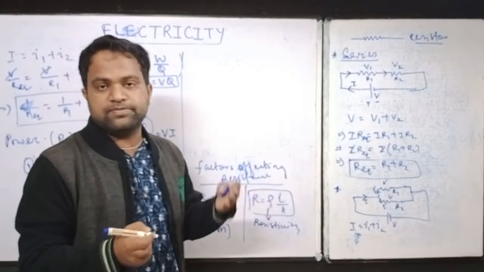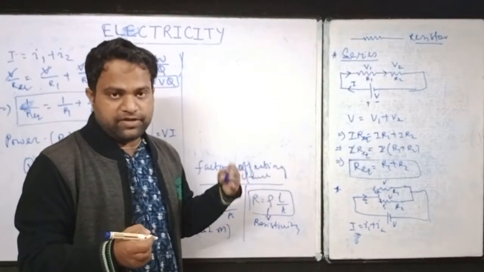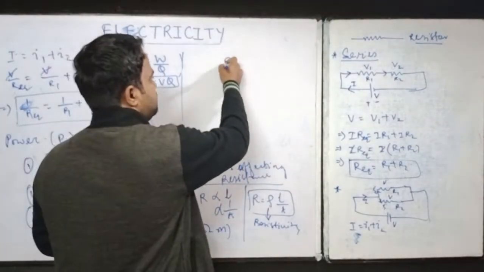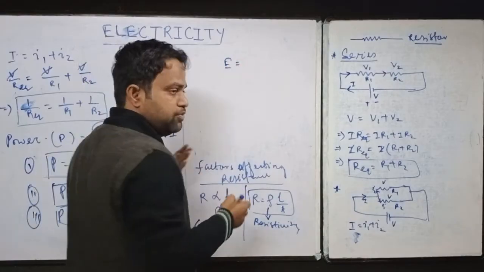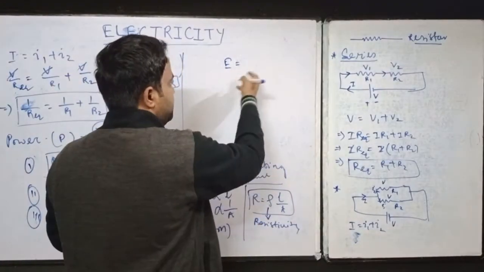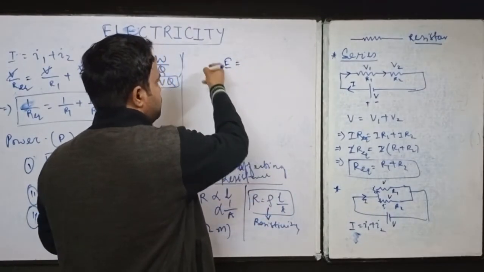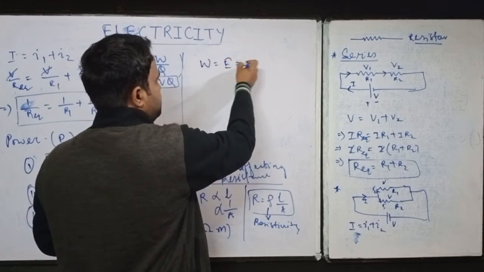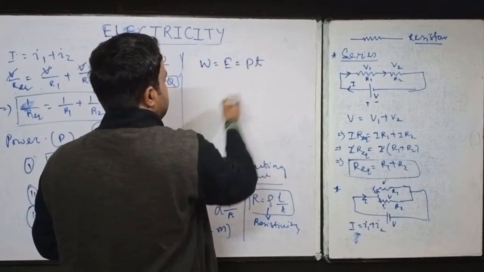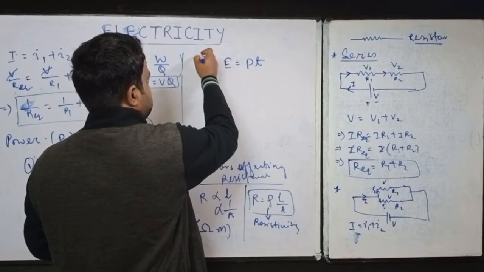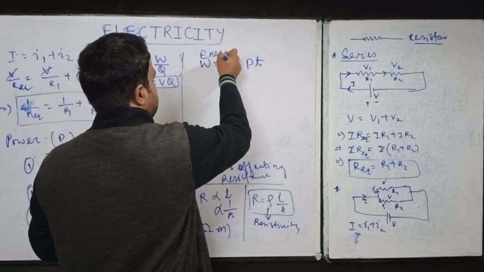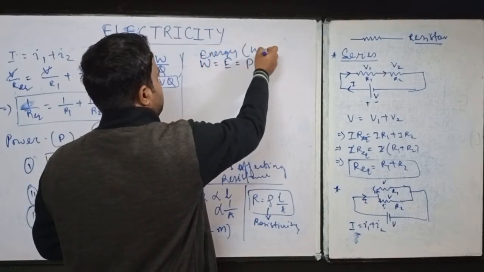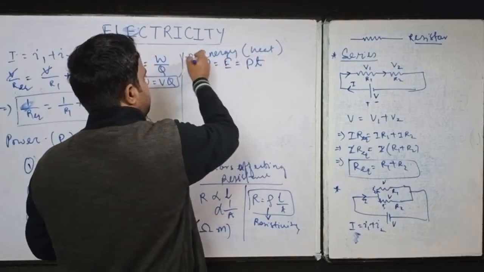It will be dissipated in terms of energy. So P equals W by T, or W, the work done, equals E, which is basically PT. Now this is the energy we are calculating in the form of heat, right?